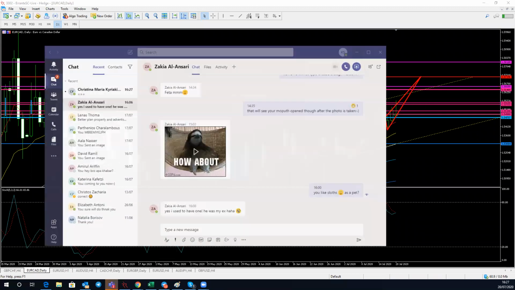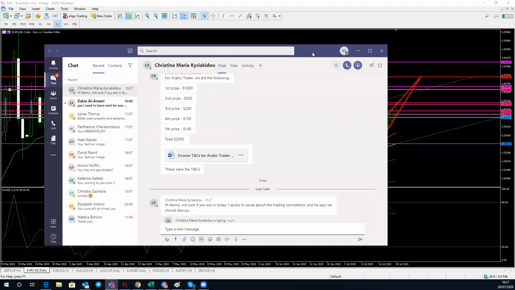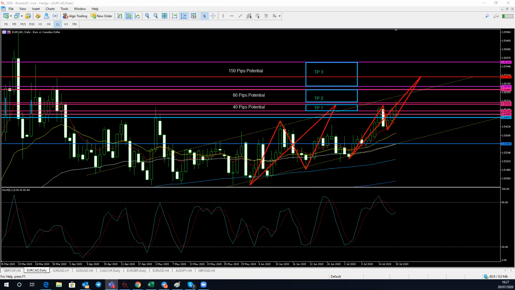Okay, so here, for example, it looks like there is a bit of a divergence. How? Because you see this peak here and this peak here.